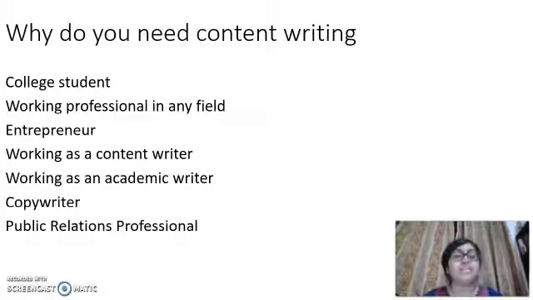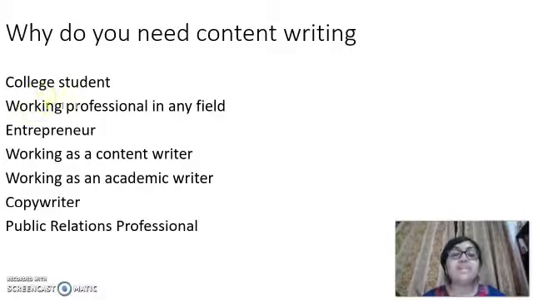Next thing is, why do you need content writing? Those are the different areas, but why do you need it? As a college student, you need to master the skills of writing, because whenever you write an answer, whether an essay or a critical analysis, your writing skills need to be very good.